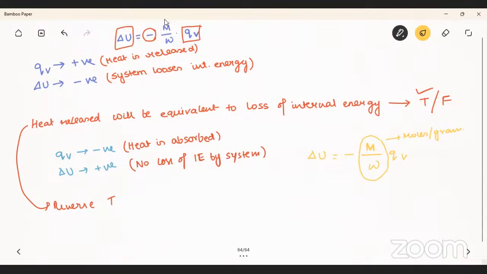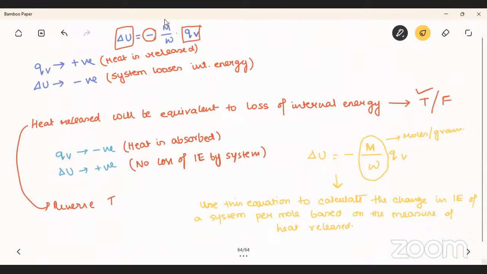So this equation will be used by you to calculate the change in the internal energy of a system per mole based on the measure of heat released.